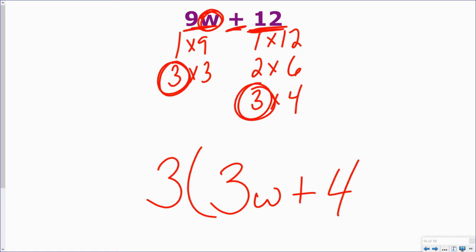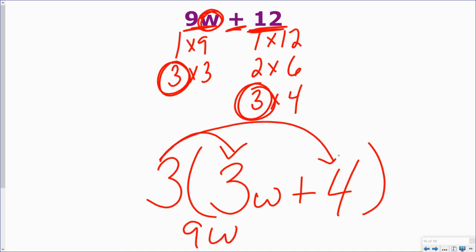And that was 4. And I can check it by saying 3 times 3 is 9w. And then 3 times 4 is 12. And I have my addition sign here. And since this is the same as this, I know I've done it correctly.